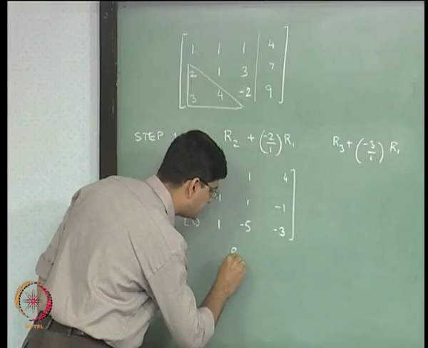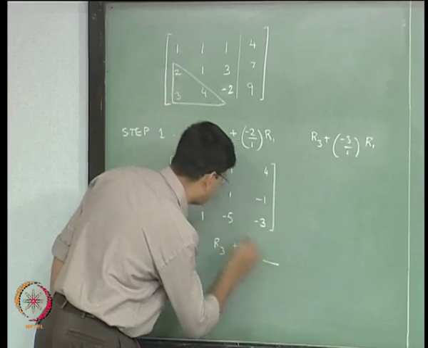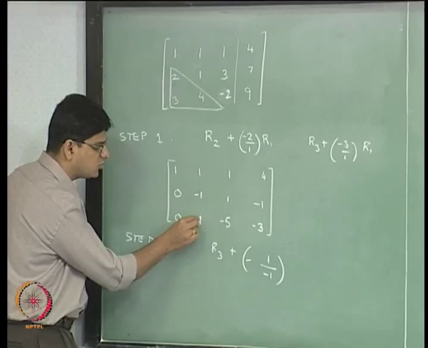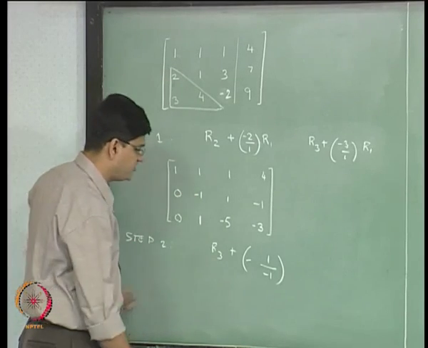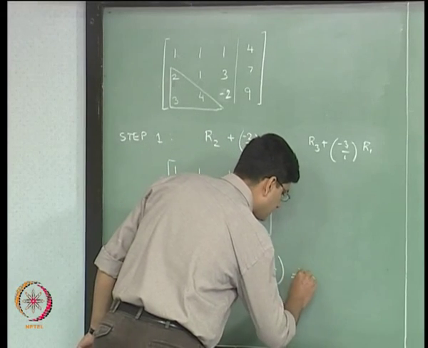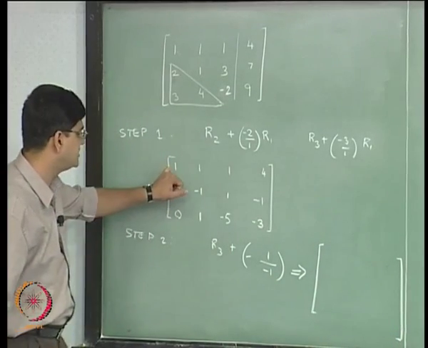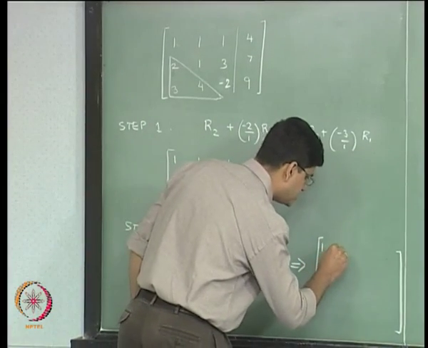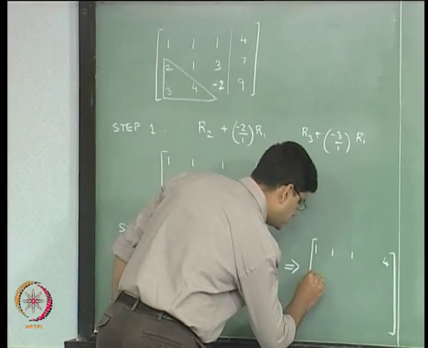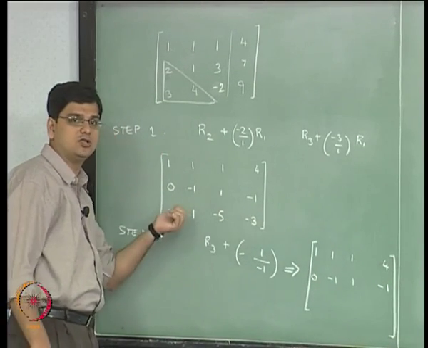So this is what we get at the end of step 1, and in step 2 we will have R3 plus 1 times R2, that is, minus of this coefficient divided by this particular coefficient. As a result of this step we will get this matrix as 1 1 1 4, which remains unchanged, 0 minus 1 1 minus 1, which remains unchanged, and this is the row that will change.